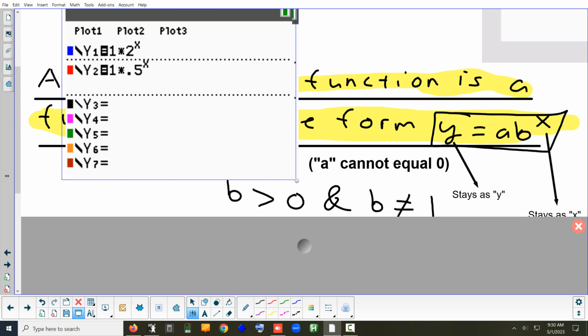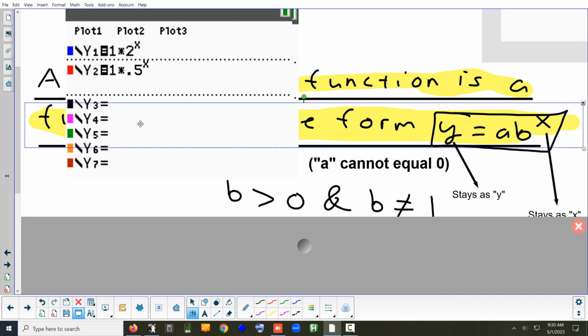And what about b? Anyone think they see what b is? So b is the number that has the variable as an exponent. Yeah, b was 2.